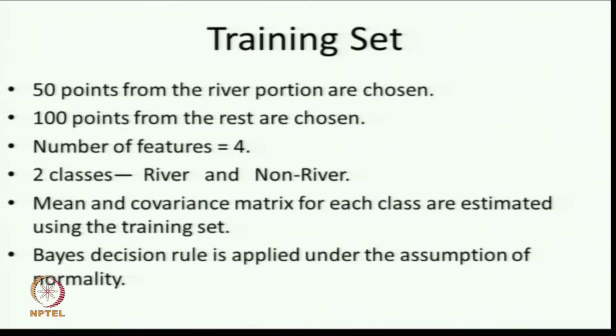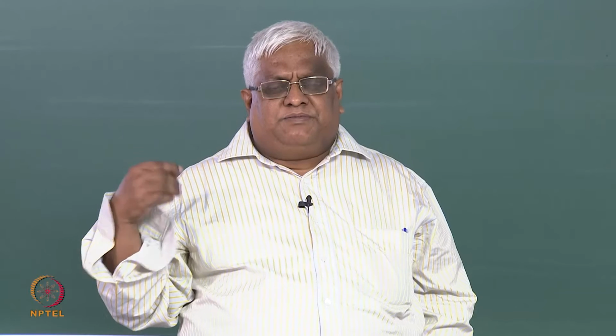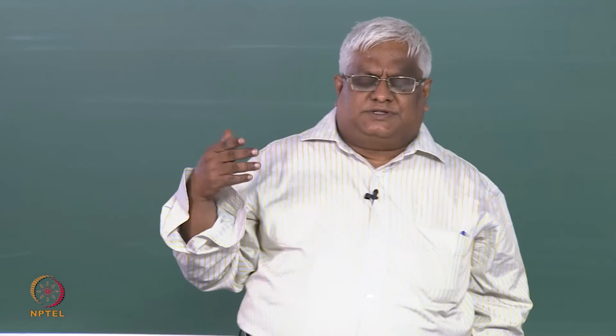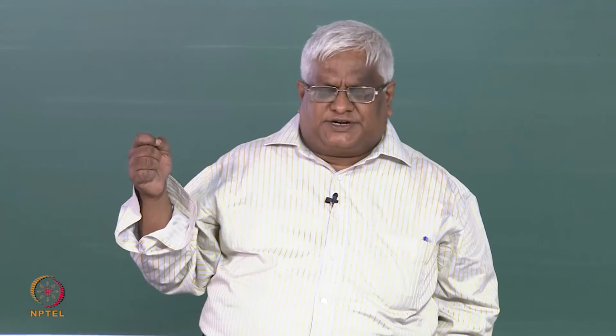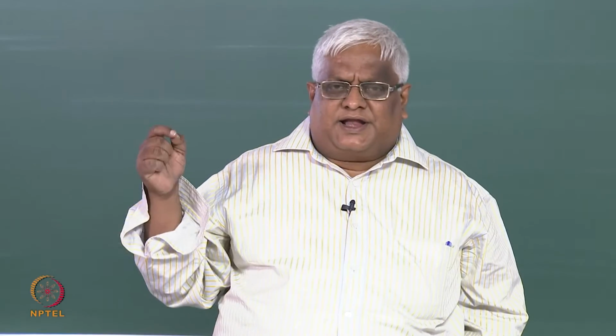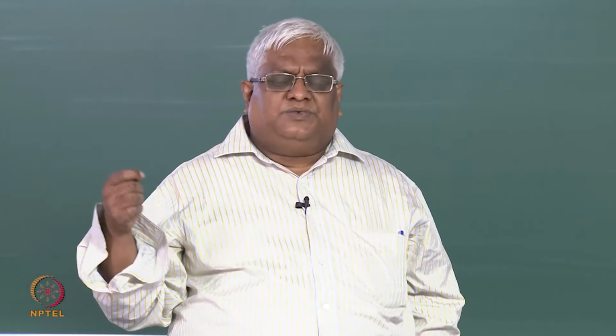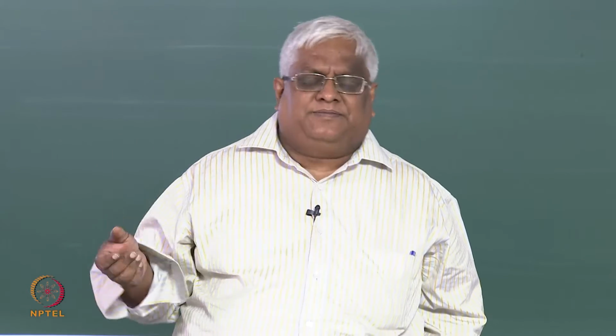So, we have taken a training sample set: 50 points from the river portion and 100 points from the rest. Now, the question is how they are chosen. If you remember my lectures about how to take training sets and test sets, I had always mentioned that the training set should reflect the overall variation in the data set, so that you can estimate the parameters properly.